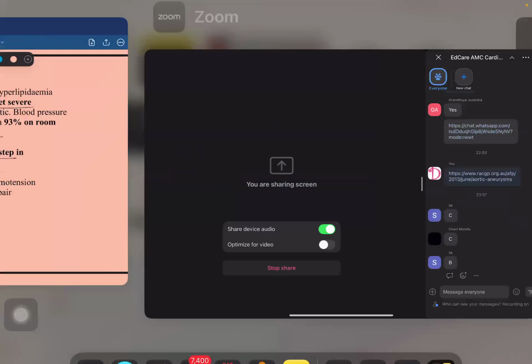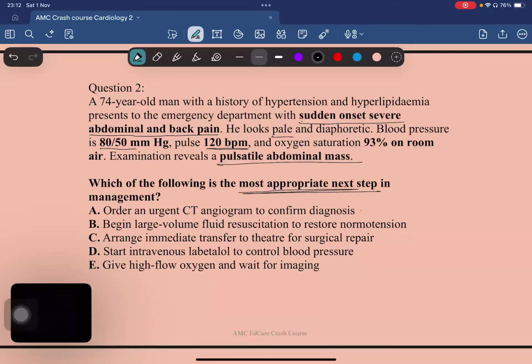Okay, let's see. I would just, my eyes would directly go to these symptoms and the fact that this patient is very symptomatic.